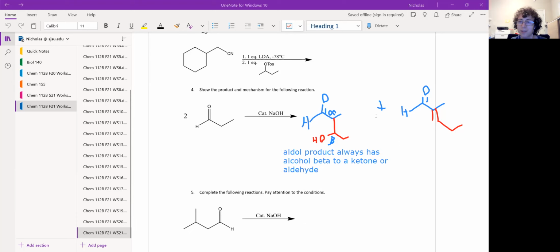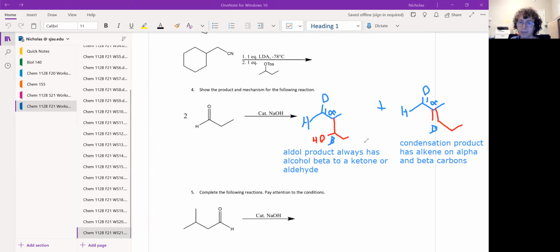And then the condensation product will have a double bond between the alpha and the beta carbon that we added. And again, this is always the case. There's no exceptions to this if this is an aldol reaction.